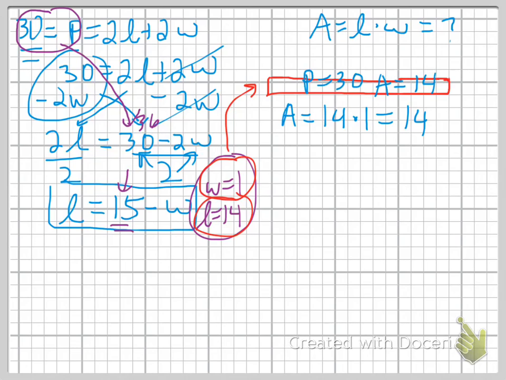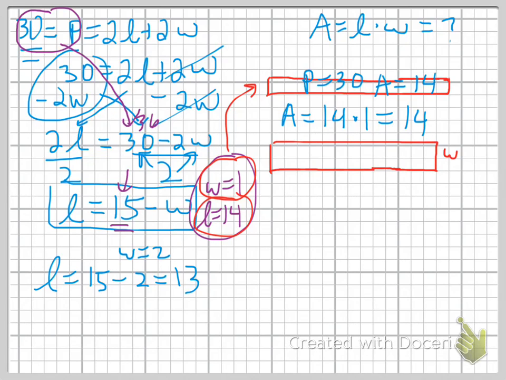Let's try W equals 2. So I'm going to get length equals 15 minus 2, which is 13. So if I draw that, I'm going to draw a width of 2, length of, that's 10 here, 13.